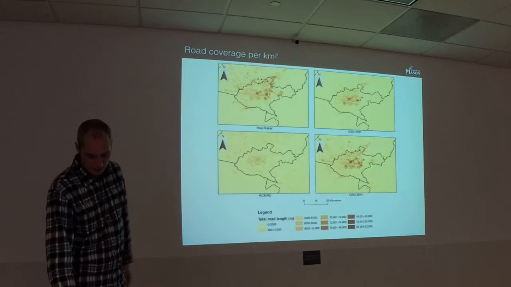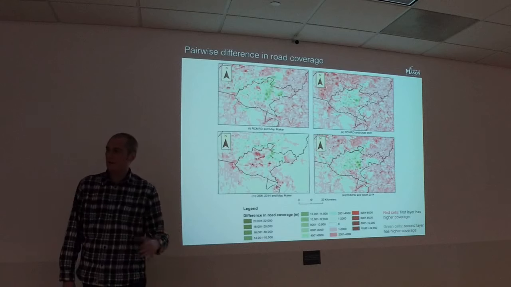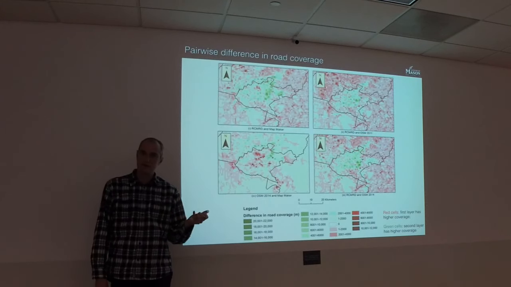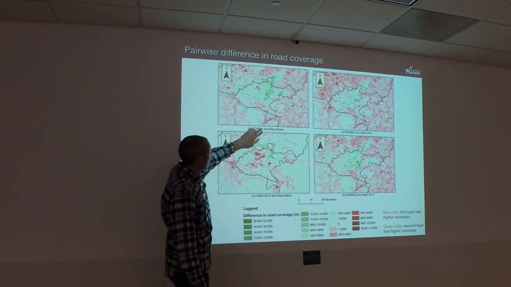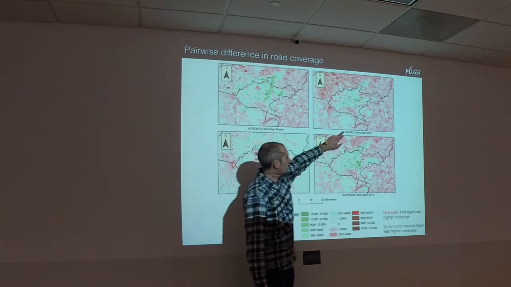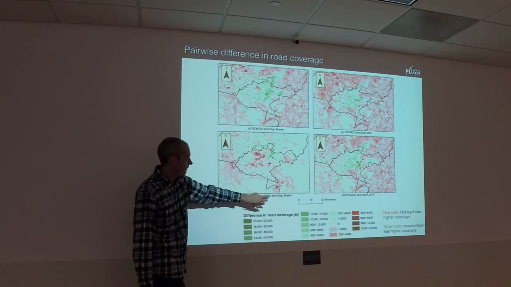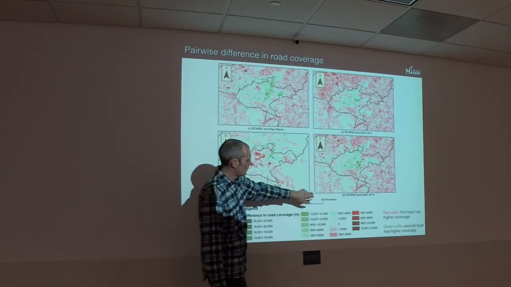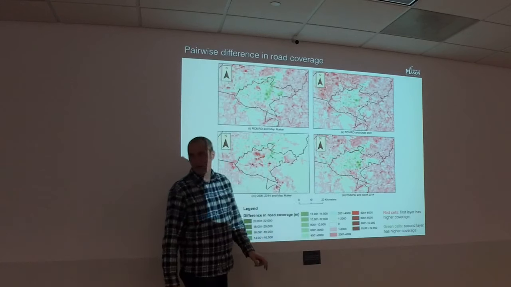And in this one, we're looking at the differences per grid cell. What you're seeing here is the authoritative data set versus MapMaker, the authoritative data set against OpenStreetMap 2011, OpenStreetMap versus MapMaker, and authoritative versus OSM 2014.